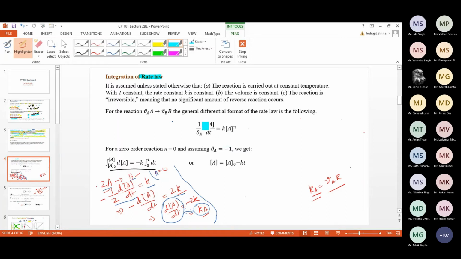This is the general scheme of things: if the rate is directly proportional to A raised to the power n, where A is the reactant and n is the order, then n equal to 1 is first order and n equal to 0 is zero order. All these things you know.